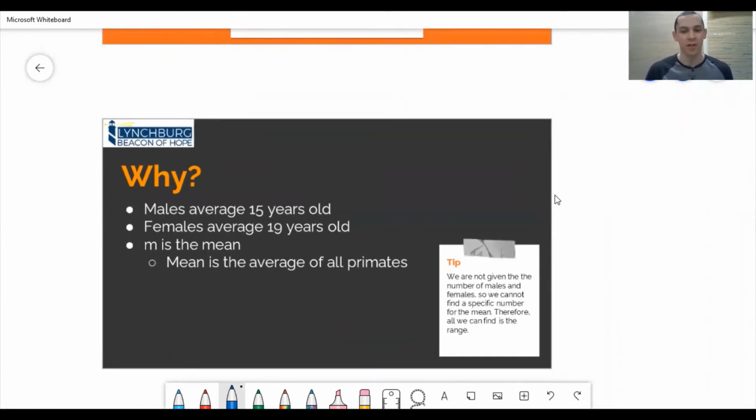M, our variable, was the mean of all primates. And my little tip is that since we didn't have a number of males or females, we just couldn't take a specific number for the mean, which would have, of course, been ideal, but we just don't know with the data it gave us. So we can just find a range of the means. We can't actually find the mean.